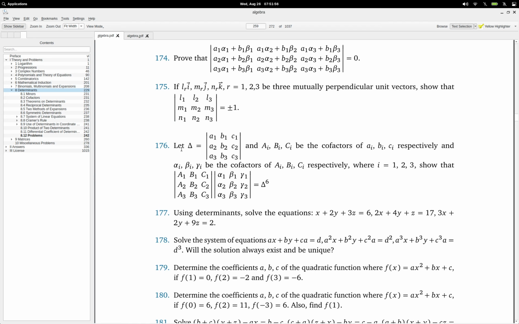Question 176 says that let delta be equal to the determinant a1 b1 c1, a2 b2 c2, a3 b3 c3, and Ai, Bi, Ci be the cofactors of ai, bi, ci, the small ones, respectively, and alpha i, beta i, gamma i be the cofactors of capital Ai, capital Bi, capital Ci respectively, where i is equal to 1 to 3, so that the determinant A1, B1, C1, A2, B2, C2, A3, B3, C3 times the determinant alpha 1, beta 1, gamma 1, alpha 2, beta 2, gamma 2, alpha 3, beta 3, gamma 3 is equal to delta to the power 6.